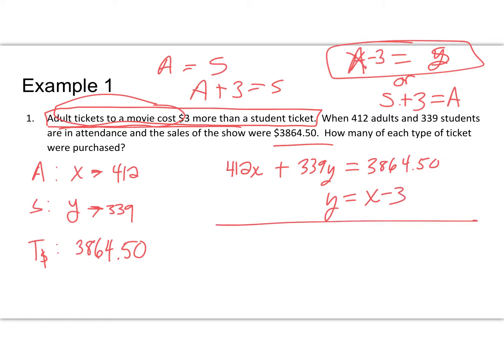Okay, so now at this point we're going to solve the system. I'm going to use the substitution method here because I know what Y is. So 412x plus 339 times (x minus 3) is going to equal 3,864.50.